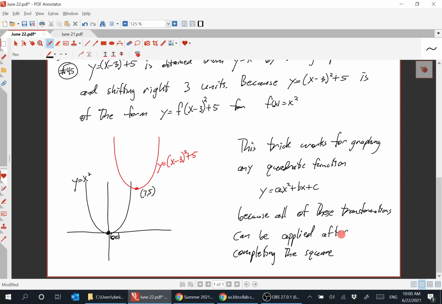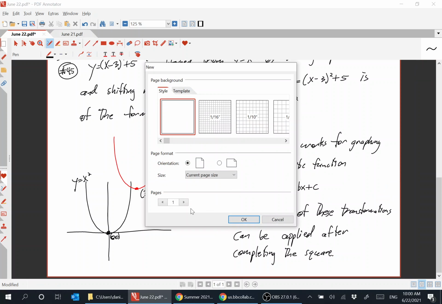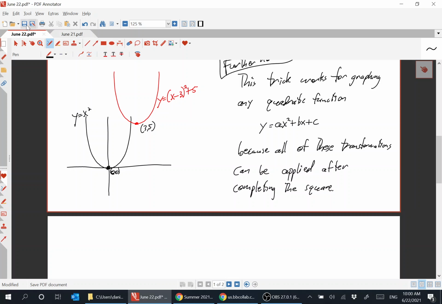Now, completing the square here, this is not part of the problem, but just some extra information. Completing the square here is a little bit different. We don't have an equation here. I know it's an equal sign with an expression on the left and an expression on the right.